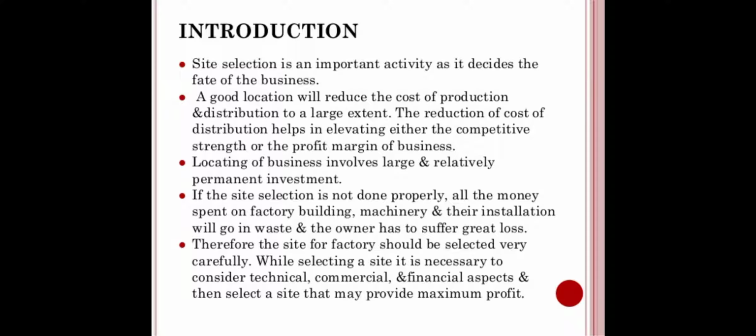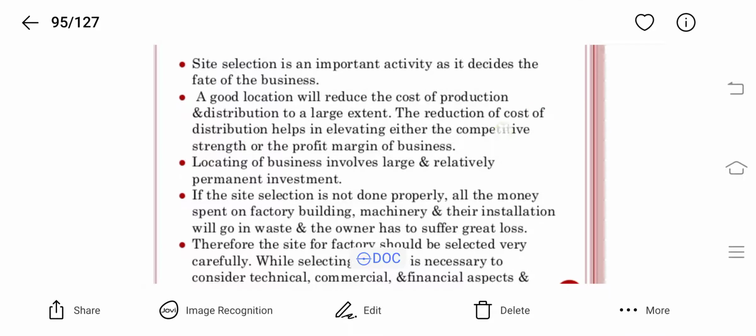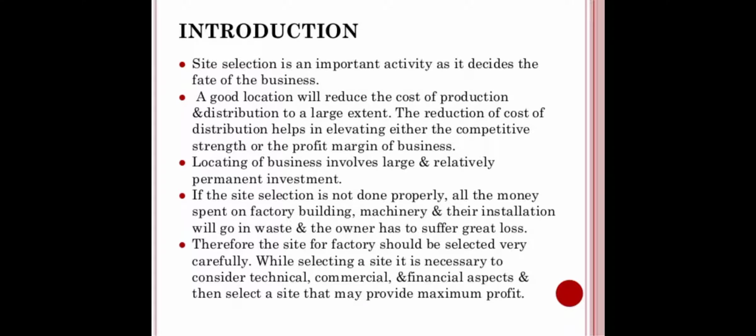Therefore, the site of the factory or the location of the factory should be selected very carefully. While selecting a site, it is necessary to consider technical, commercial and financial aspects, and then select a site that may provide maximum profit.